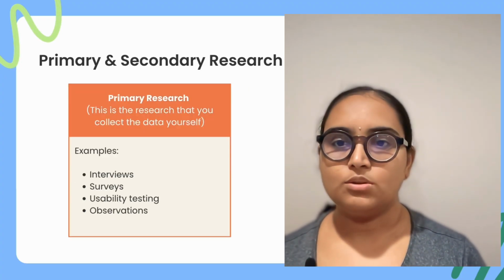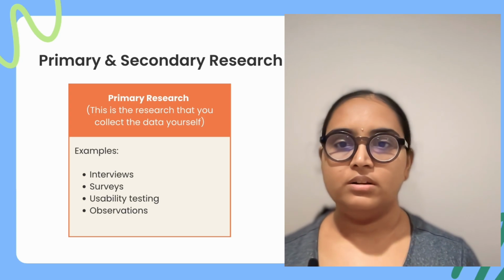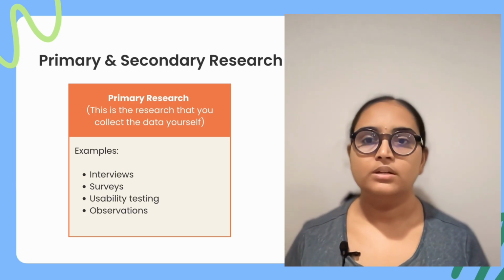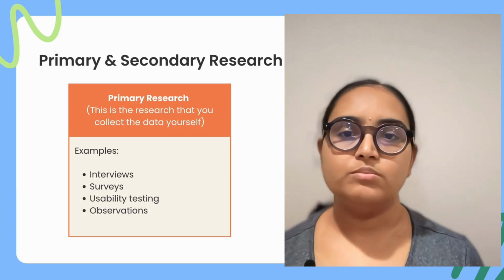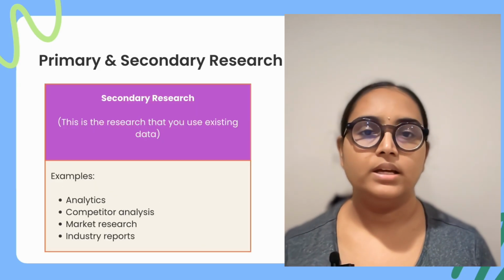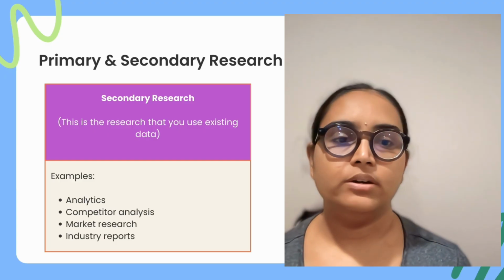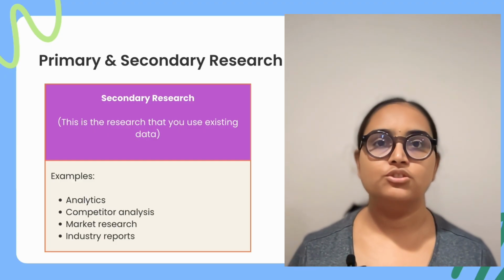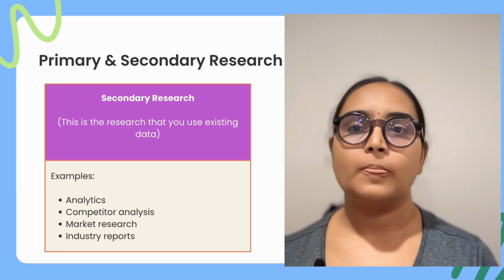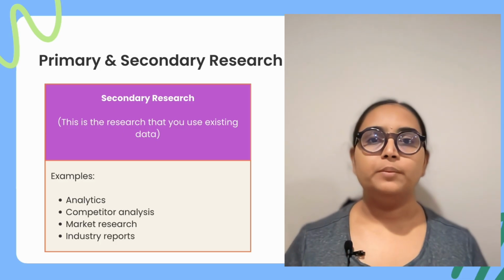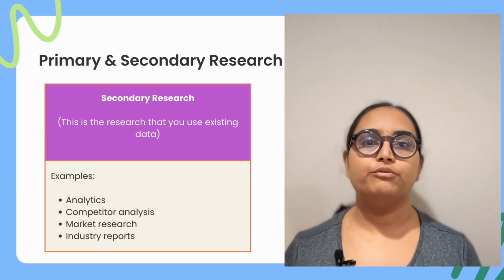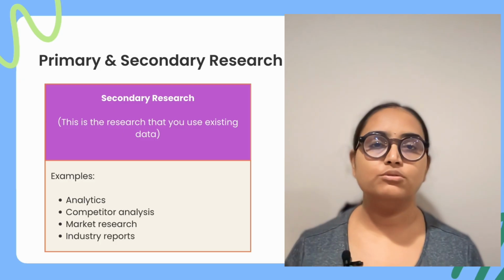Examples of primary research are interviews, surveys, usability testing, and observations. Examples of secondary research are analytics, competitor analysis, market research, and industry reports. Both types are important. Primary gives you fresh insights, secondary gives you context and direction.